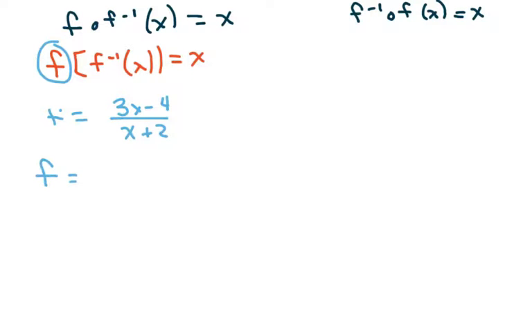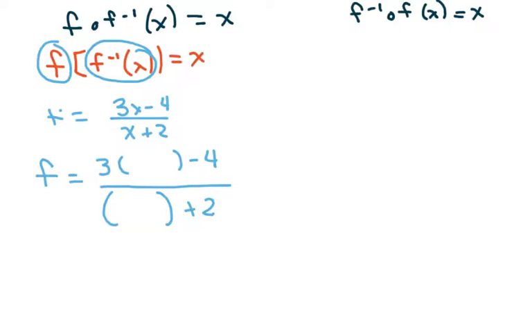And then everywhere there's an x, I'm going to input f inverse. I should have left more room here. Well, our f inverse was 2x plus 4 over 3 minus x. Do it in both places.